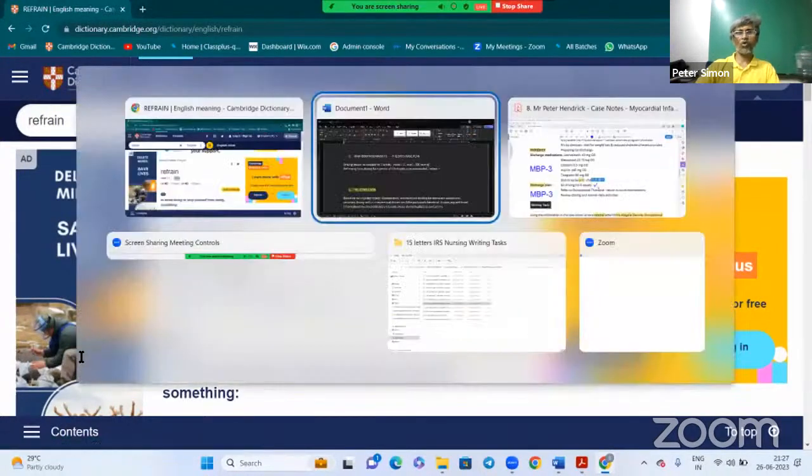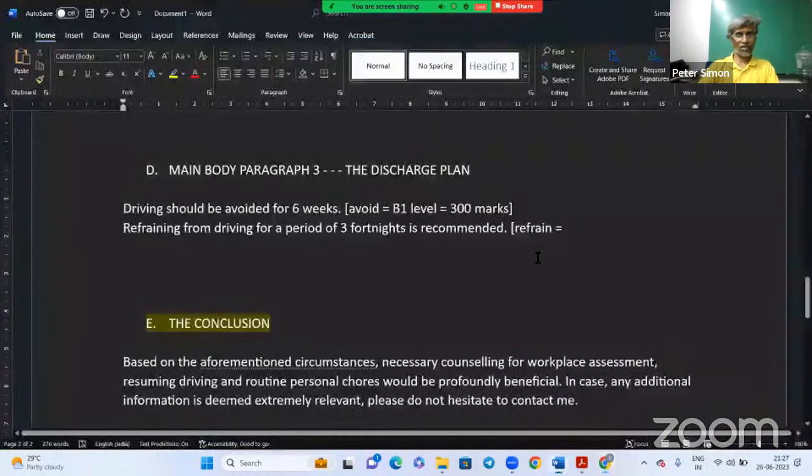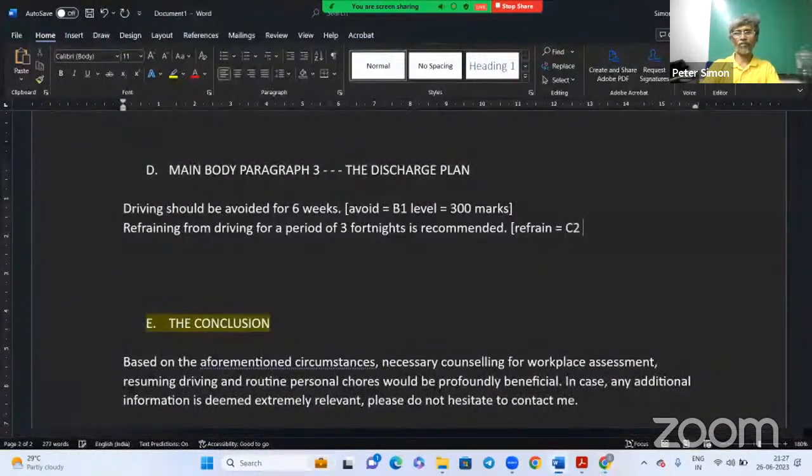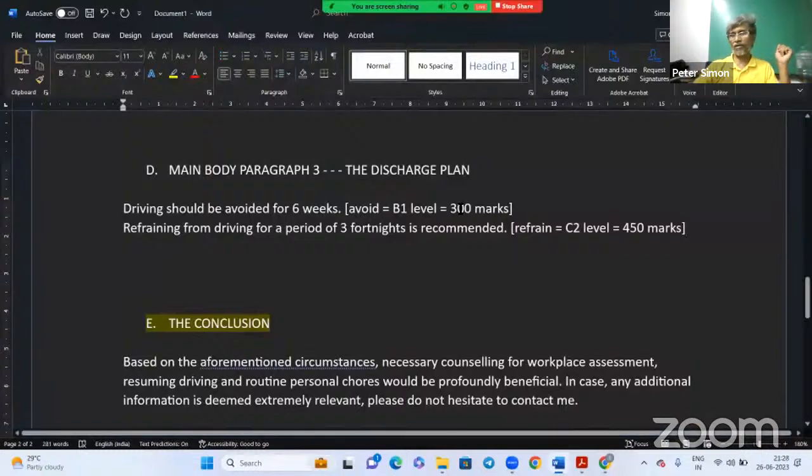Now what is C2 vocabulary? C2 level means you will get 450 plus marks. So try to understand 300 and 450. A1 is 0 to 99.